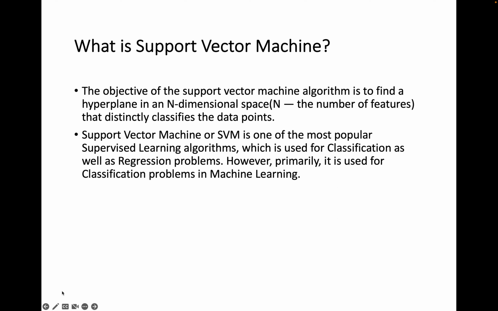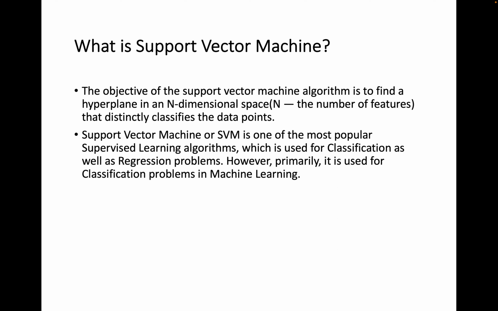ठीक है, तो support vector machine or SVM is one of the most popular supervised learning algorithms, understandably, because digit text recognition did insane work, which is used for classification as well as regression problems. ठीक है, it is used for classification, as we know, it is grouping, and regression as we know is reducing. ठीक है.